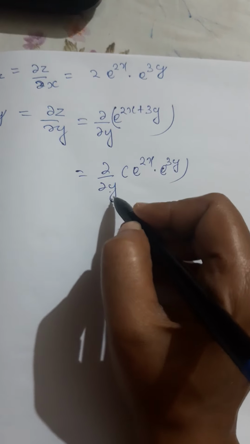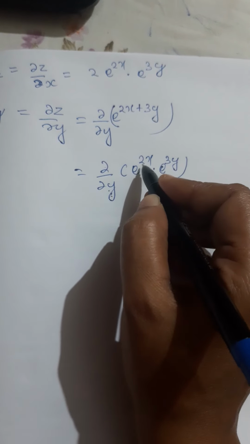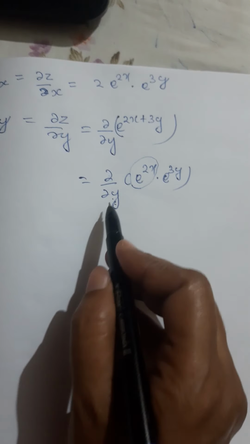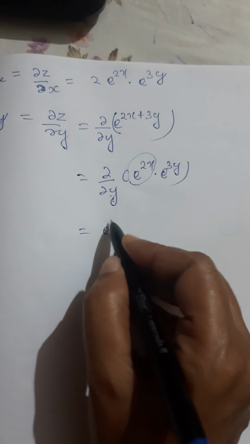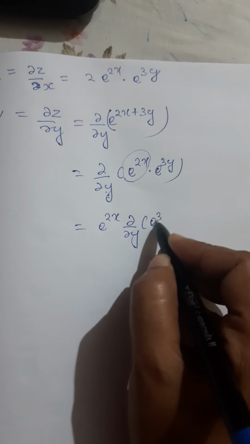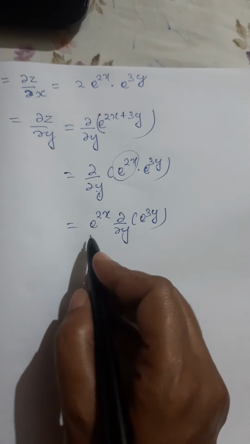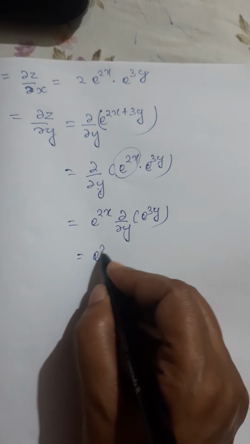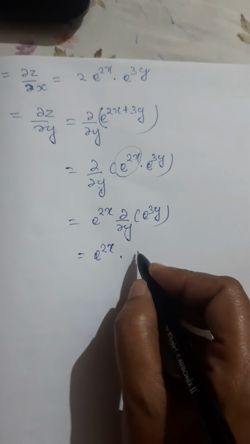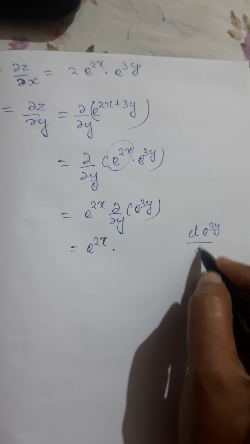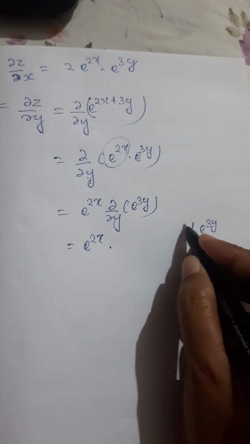With derivative with respect to y, x is constant, so this term is constant with respect to y and can be taken out of the differentiation. So we have only to find the derivative of e to the power 3y with respect to y.